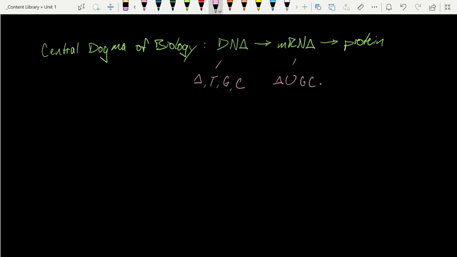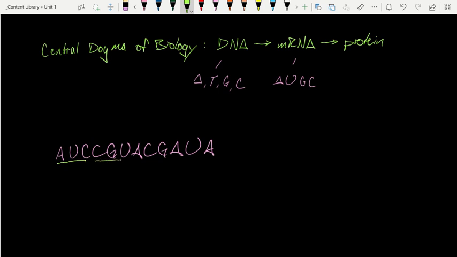Now, we read this code actually in triplets, 3 letters at a time, in what we call a triplet codon. So let's just randomly make up a series of letters. We're going to use mRNA. So maybe it's A, U, C, C, G, U, A, C, G, A, U. Now, what I want to do is divide this up into threes.